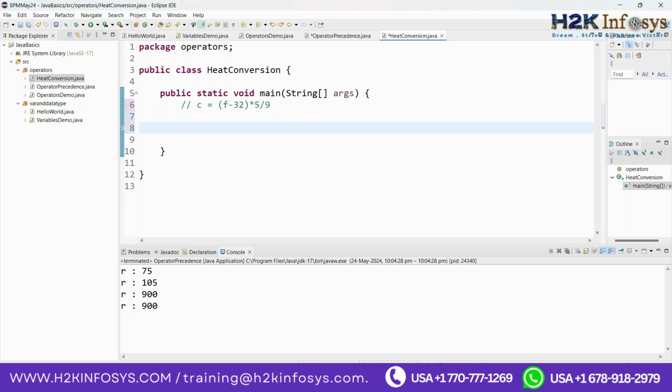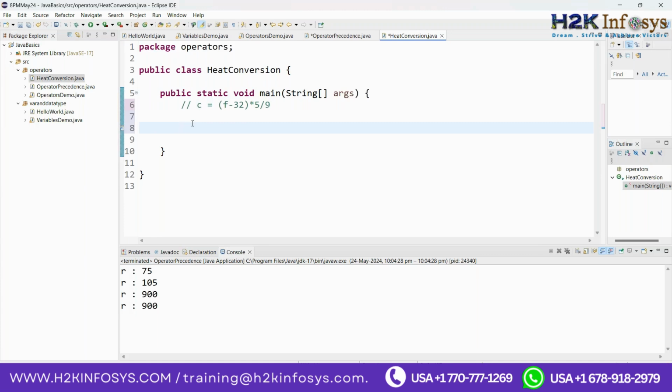Now tell me, if I want to convert Fahrenheit to centigrade, what is the input value I want? Fahrenheit, yes or no? I need the Fahrenheit value, then I can convert that into a centigrade value using the formula. Agree?